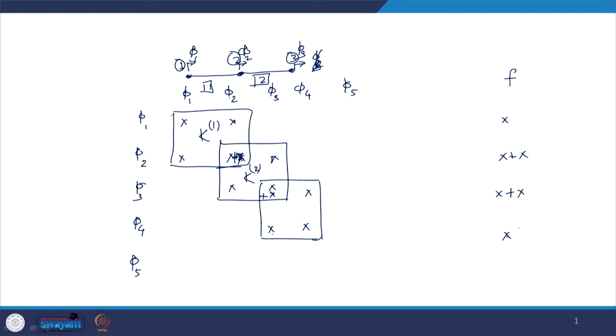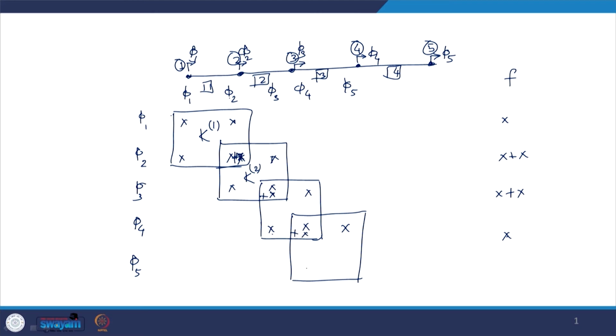And similarly, for element number 4, which is defined by nodes 4 and 5, let me just complete the mesh. So, this is element number 3, this is element number 4, this is node 5, this is node 4. Element number 4 is defined by these 4 terms.